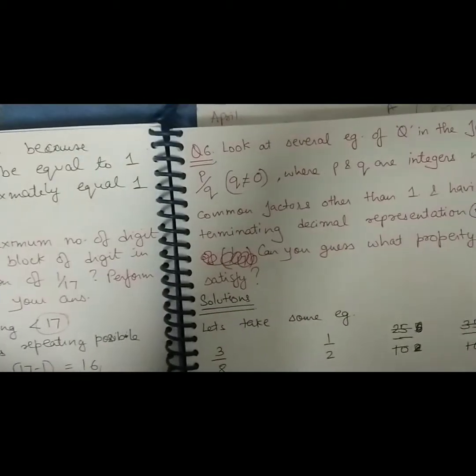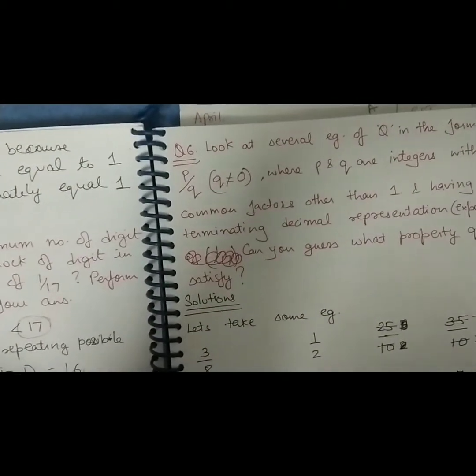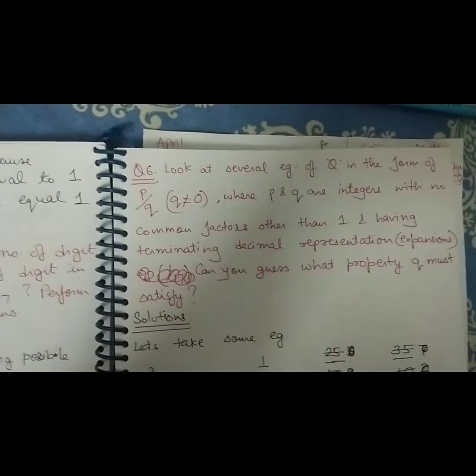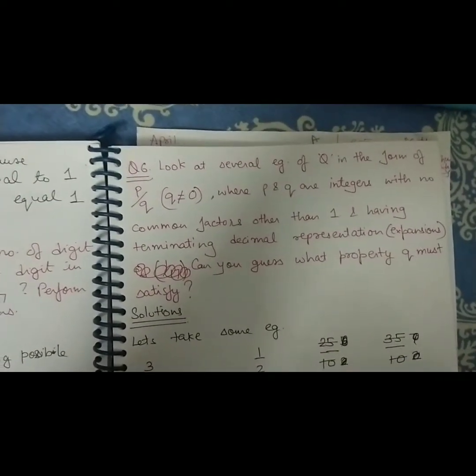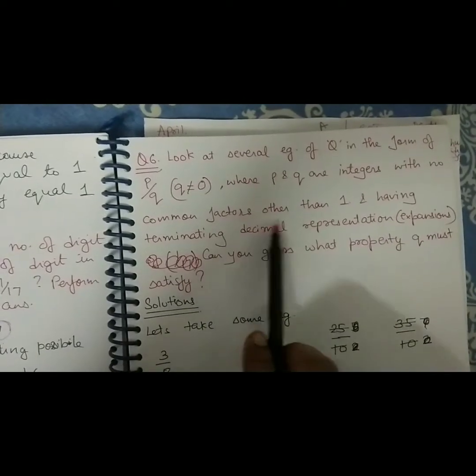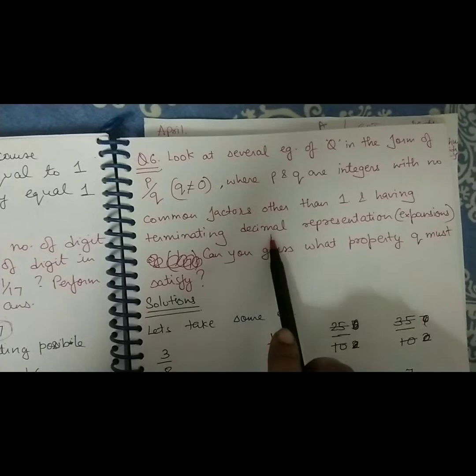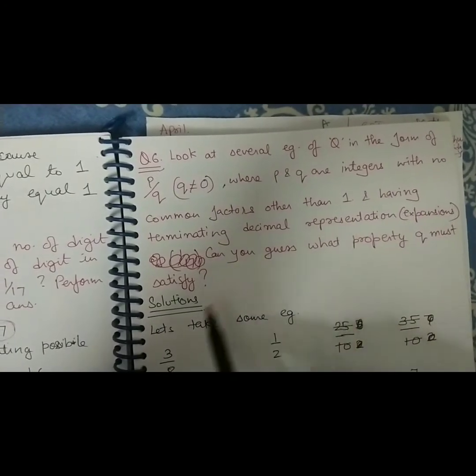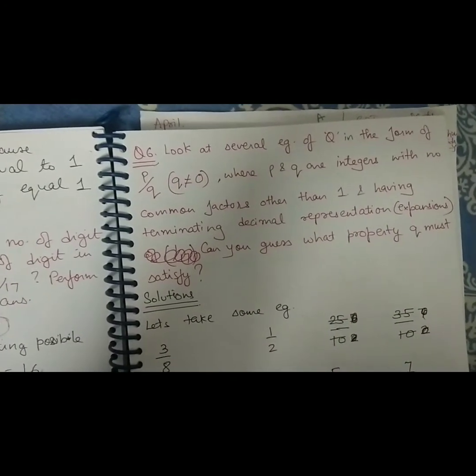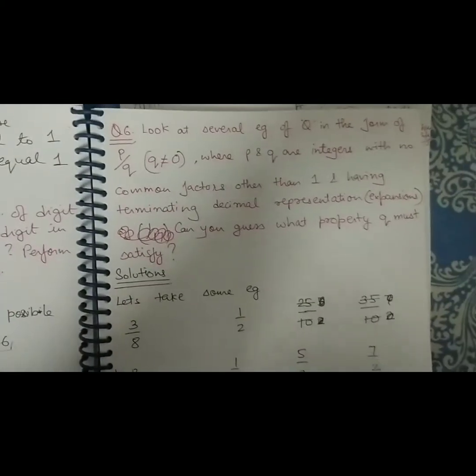Are you able to get this question? The question says you have to take some examples where you must be getting common factors other than 1 having a terminating decimal representation. So let's move towards the question solution.